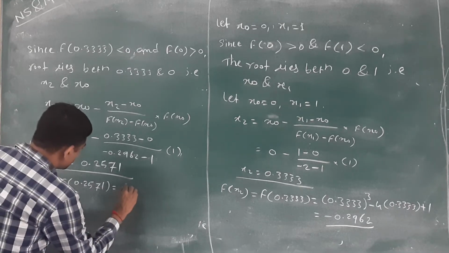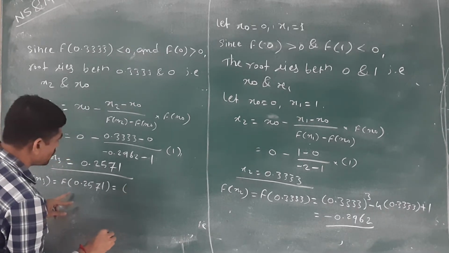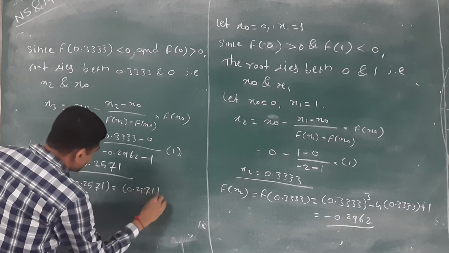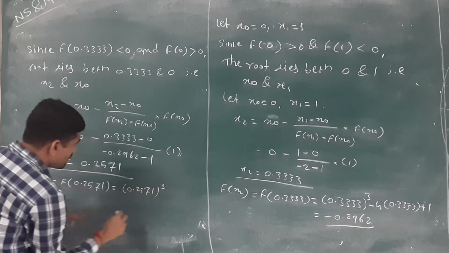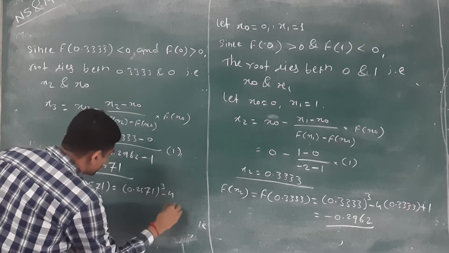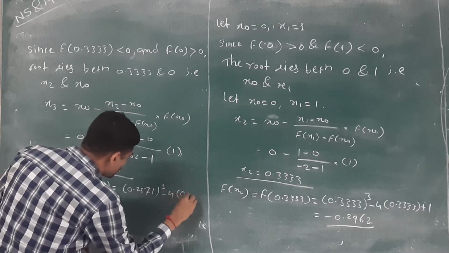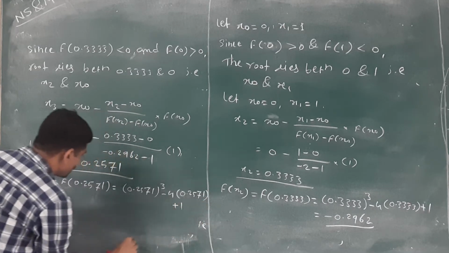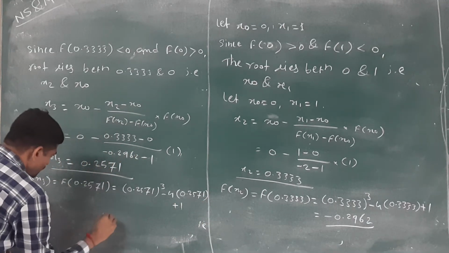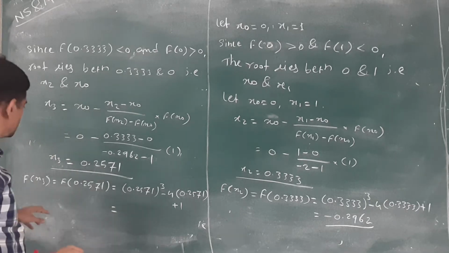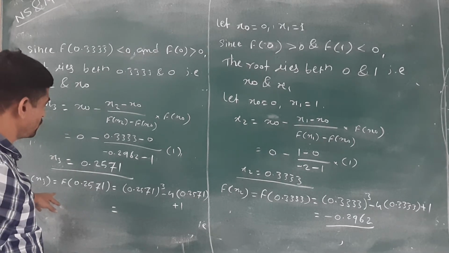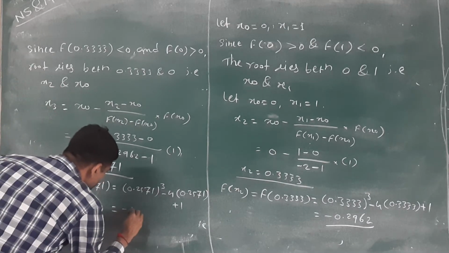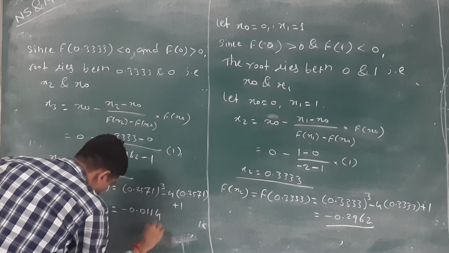Again we have the equation x cubed, so 0.2571 cubed, minus 4 times 0.2571, plus 1. If you calculate this, f of x3 is equal to minus 0.0114.